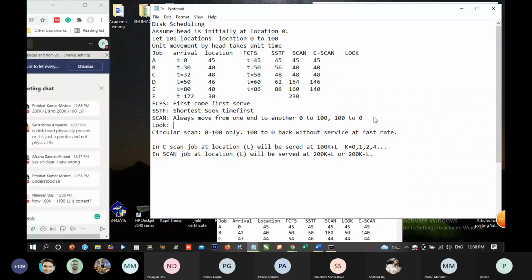Yes. 100K plus 100 minus L. So it basically becomes, it should not be 100K, it should be 200K. Nilanjan, not 100K. It should be 200K, Nilanjan. Do not move towards a location if no job is there.